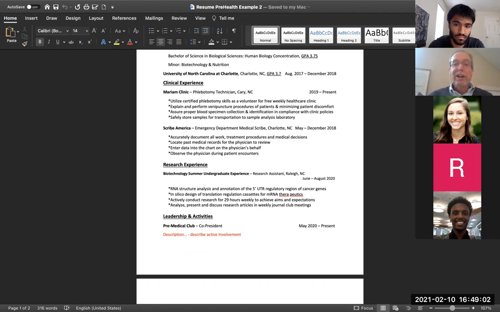You could figure out some way to make that a little bit shorter, so it's all on one line. Some ideas: you could abbreviate assistant, ASST period. For the dates, instead of June to August, you could put 06 to 08, and then do that with all the other ones too, to be consistent.